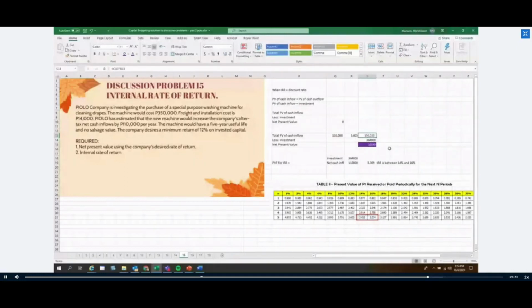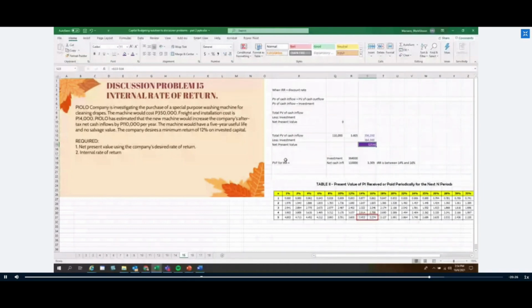And less the investment of 364. Paano ba na-compute yung 364? So that's the purchase price of 350 plus the freight and installation costs of 14,000. So we have now the net present value of 32,550. So okay na tayo dyan.